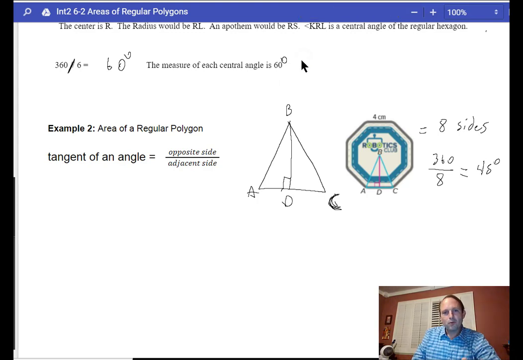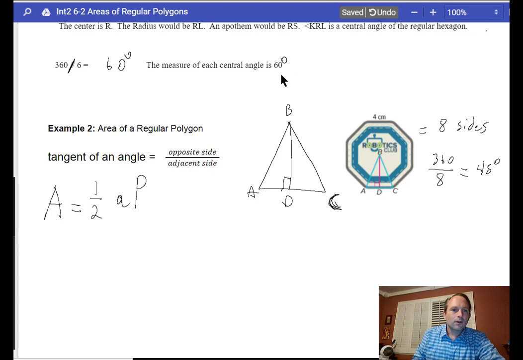But before we go on, let's write down the formula for the area of a regular polygon right here. The area of a regular polygon is equal to 1/2 of the apothem, that's this red line right there going straight down to the side, times the perimeter. So we have to figure out what the apothem is.